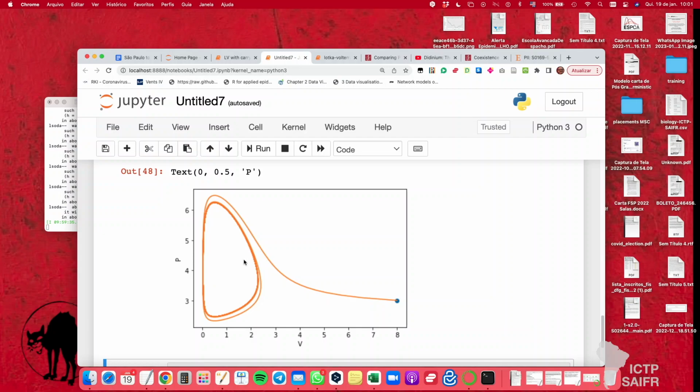And if I start inside, I will also go on and approach this thing. So there's a transient time, and then we are very close to this preferred orbit. And this is called a limit cycle. Okay? So it's not a fixed point, but it's a kind of attractor. So this is much better. Okay, Mike.